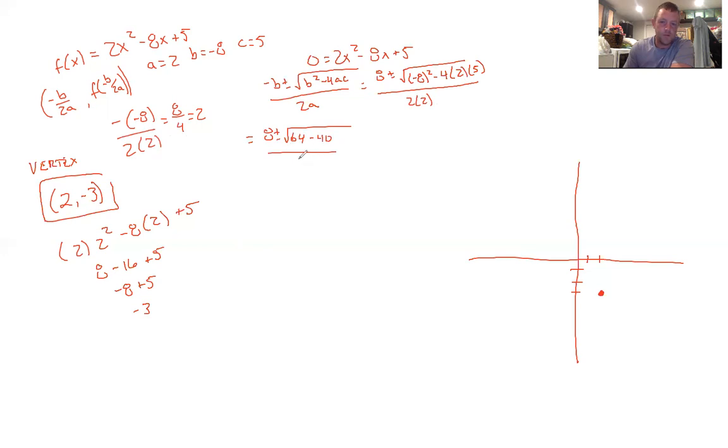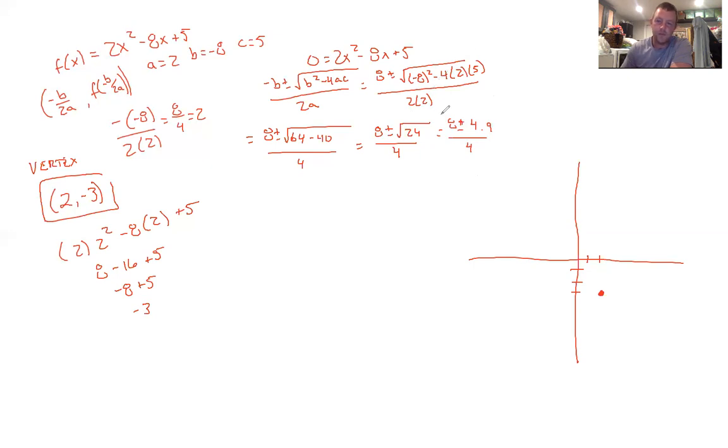Divided by 4. 8 plus or minus the square root of 24. 8 plus or minus the square root of 24. 4.9.